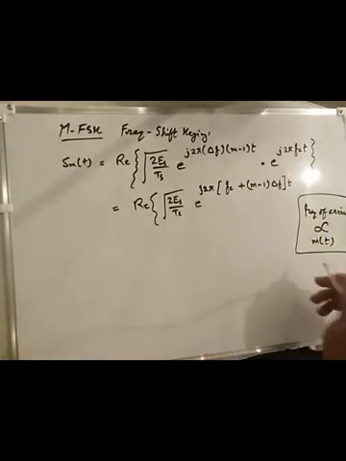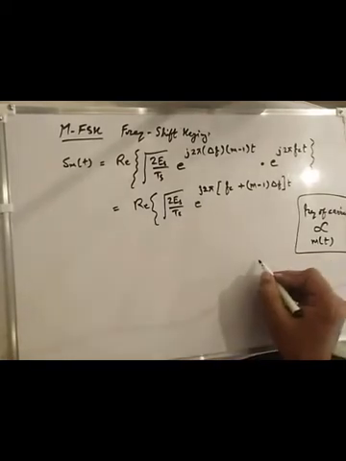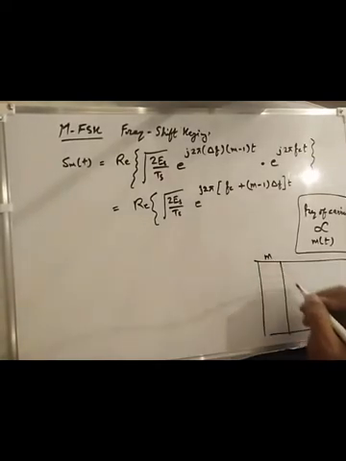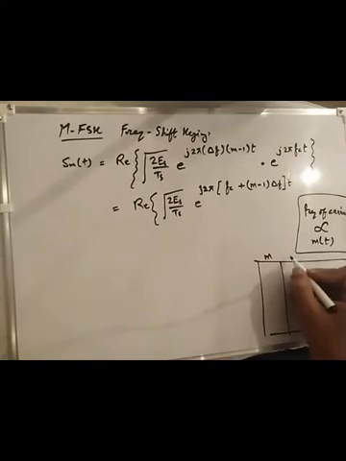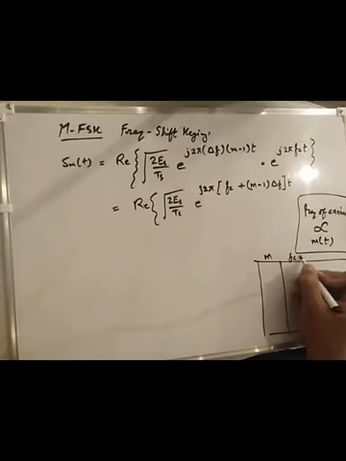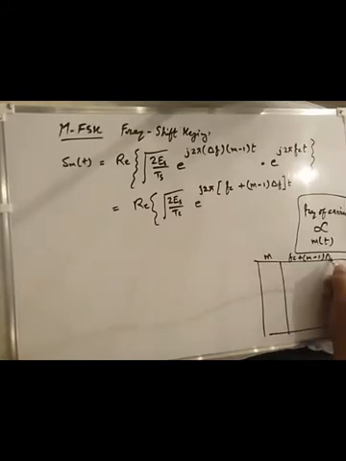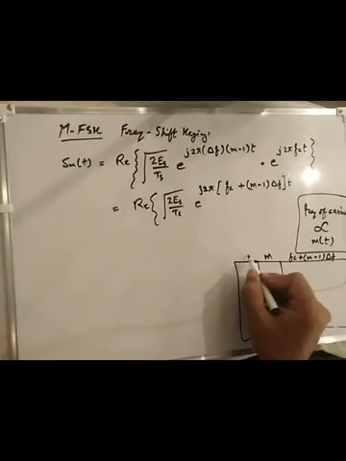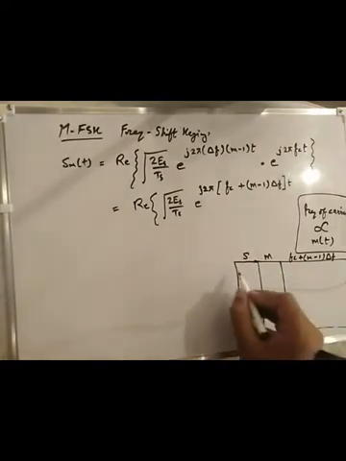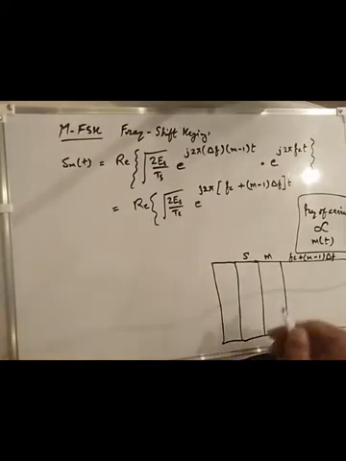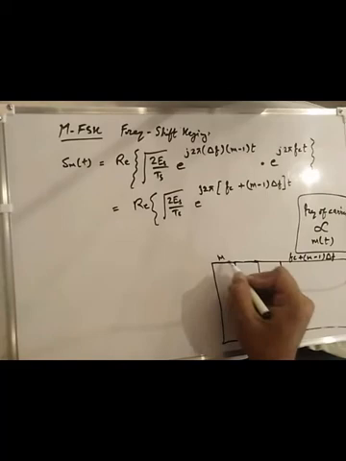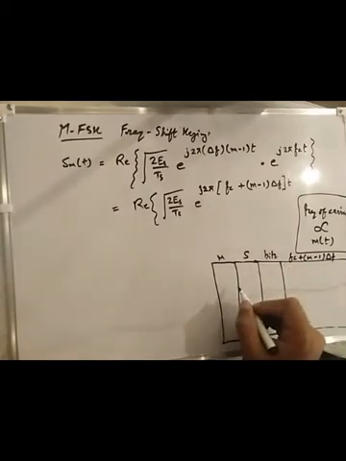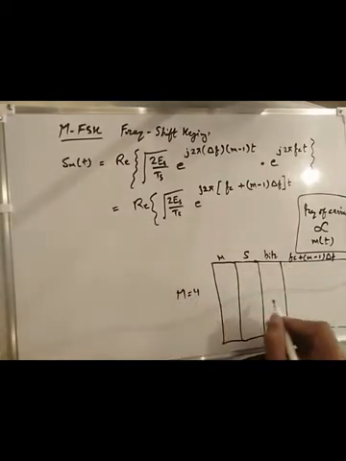If you construct a similar table for FSK, we have a column for m, one column for the frequency content fc plus (m minus 1) times delta f, another column for symbol, and a column for the bits. Assume capital M is equal to 4 as an example.